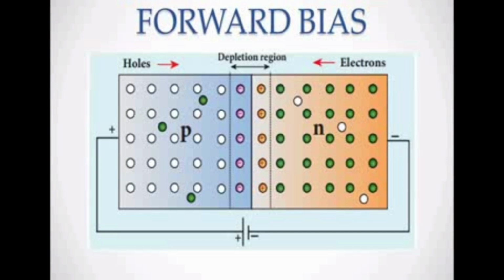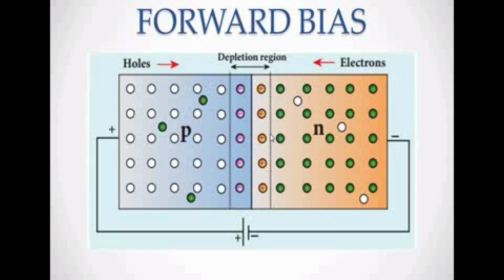When you apply the forward biasing, what will happen? Holes have positive charges, and we are connecting them to the positive terminal, so there is a repulsive force acting on the holes. At the same time, the N-type is connected to the negative terminal, so a repulsive force acts on the electrons.